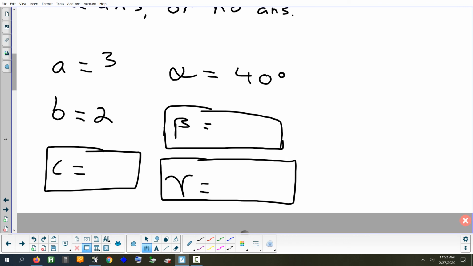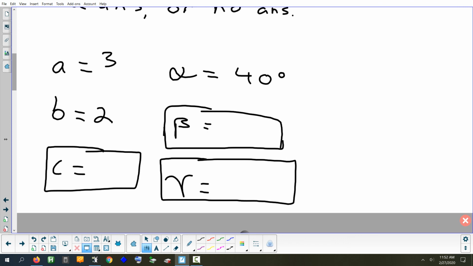Okay, what can't you do in this problem right away that you were able to do in the last two problems? Yeah, Brianna? Right, you can't solve for an angle right away because you're missing two of them. So we're going to have to solve for an angle later.